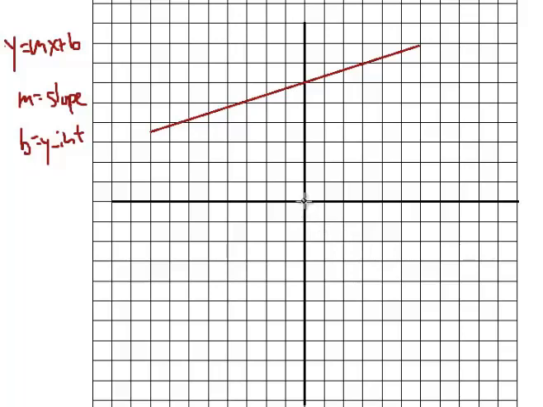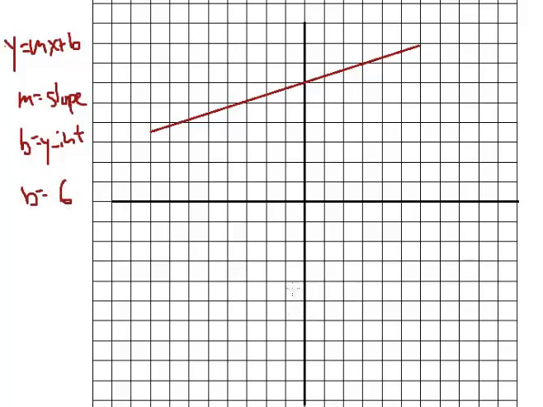This is the y-axis, so we have 1, 2, 3, 4, 5, 6. So it crosses the y-axis at 6. So for this particular equation, the y-intercept, the b, is 6. If it's down here, it could be in the negative numbers, but in this case, it happens to be 6.